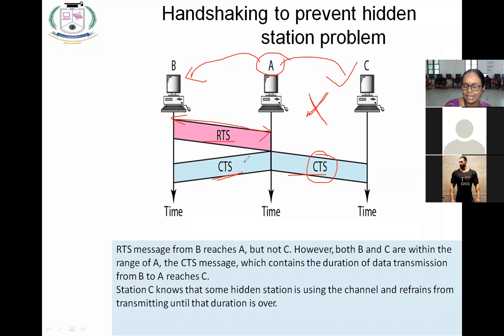Similarly here also, A is in the range of B as well as C. Once it receives the request to send from B, it sends the CTS to both B and C, but C will understand it is communicating with another channel. It won't communicate in that period. This is the hidden station problem.